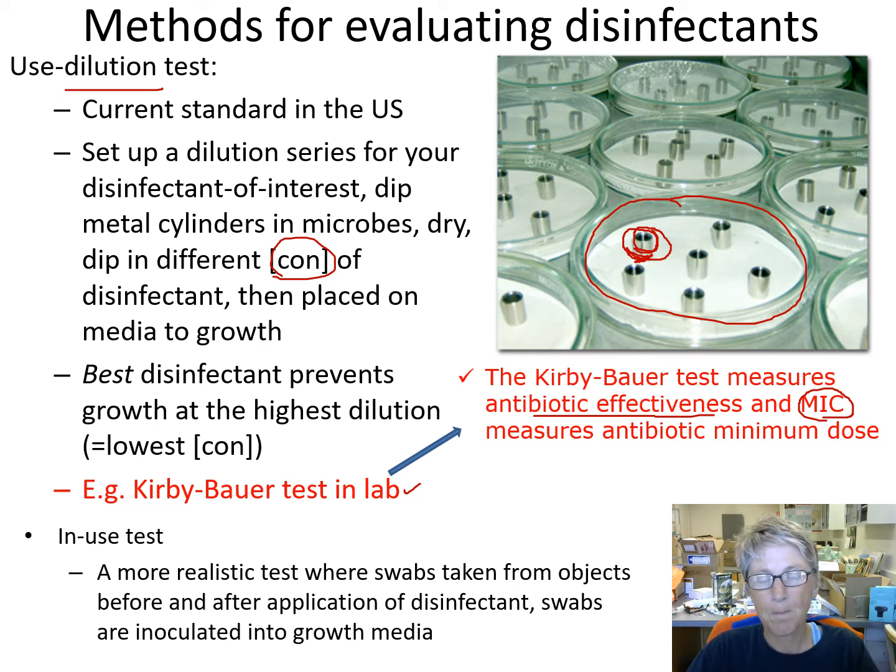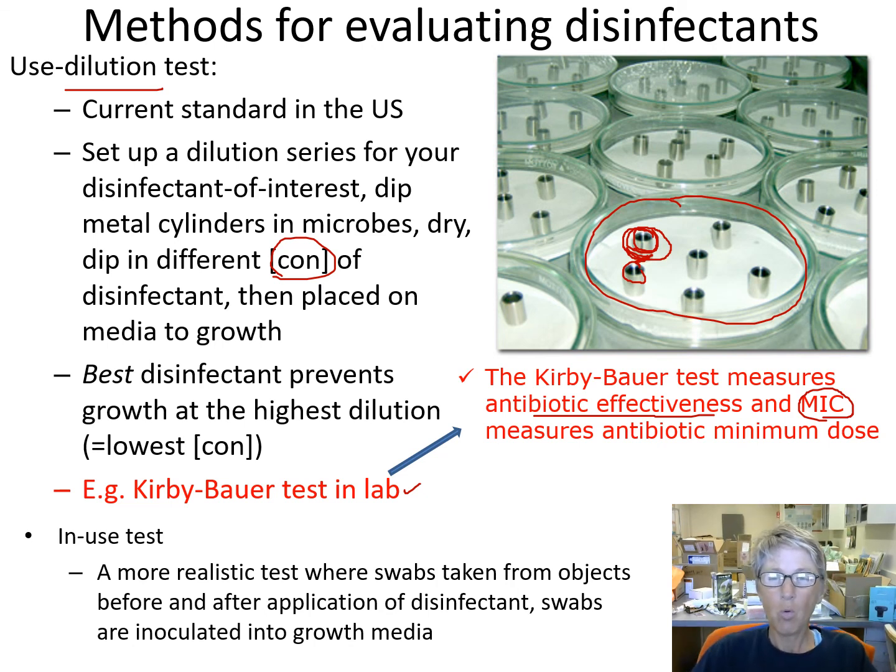You take your antimicrobial or disinfectant of interest and you dip these in different concentrations of the disinfectant. And then you see which metal cylinder, dipped in what concentration, kills the most microbes using the lowest concentration of disinfectant.